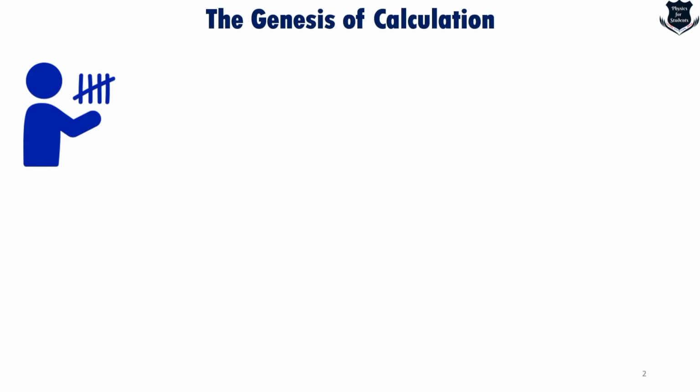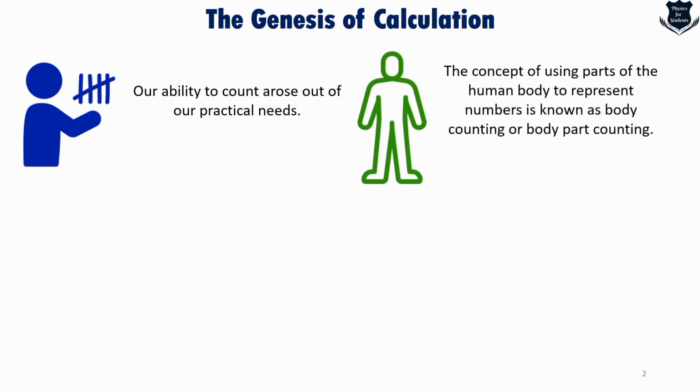Historians and scholars generally agree that our ability to count and our vocabulary of counting arose to meet practical needs and developed over many thousands of years. Numbers were originally expressed by reference to parts of the human body.